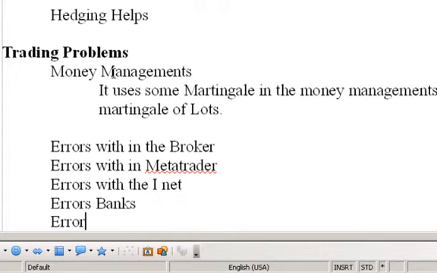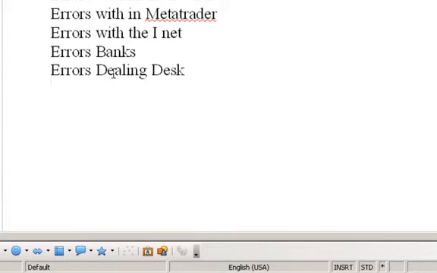Errors within dealing desk, and we could say also within the software we use within the EAs. Errors within EA. Now, these are big topics. We're going to skip a lot of these because a lot of these have been trapped, and it's very lengthy and in depth.